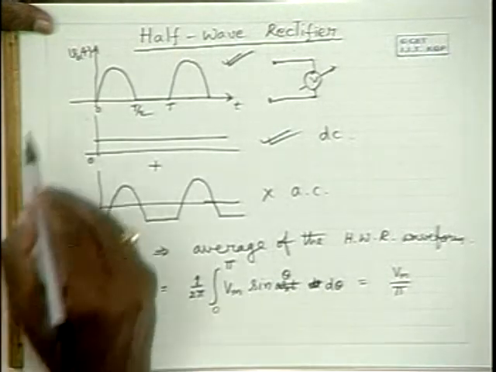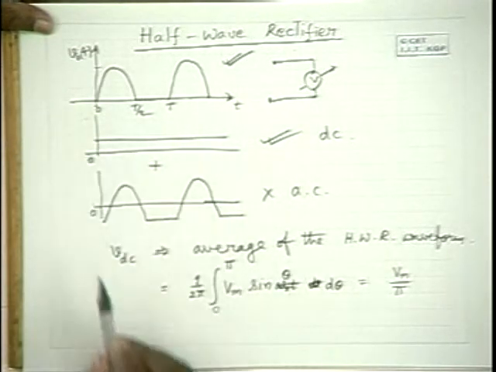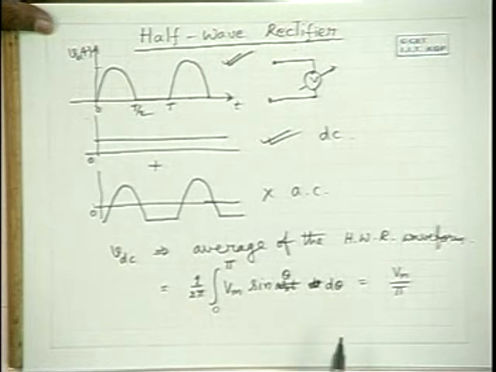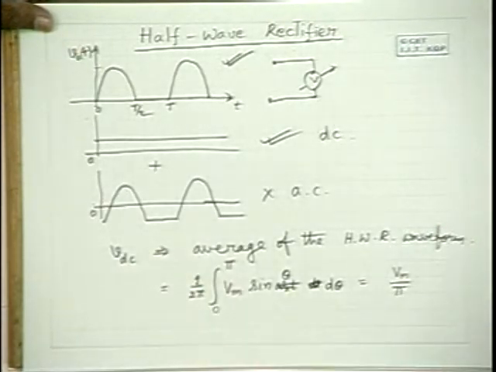So if Vm is say 10 volts, the DC component, the average component you get would be 10 by pi, which is approximately 3 volts. Okay, so that is the DC component out of 10 volts, and the remaining is the AC component.